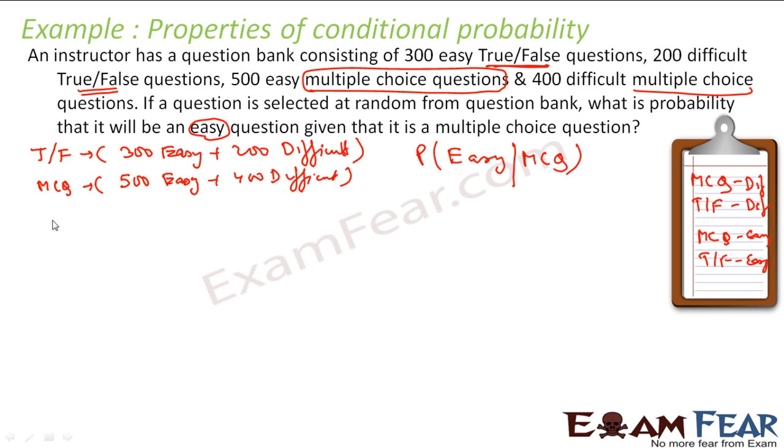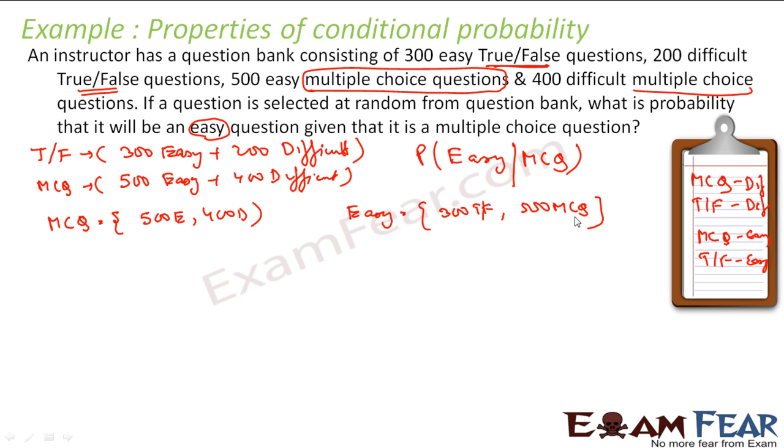So the MCQ set will have how many elements? MCQ has nothing but 500 easy and 400 difficult. Correct? Easy is how much? If you create an easy set, this guy will have 300 true false and 500 MCQ.